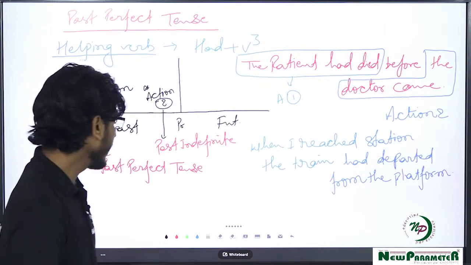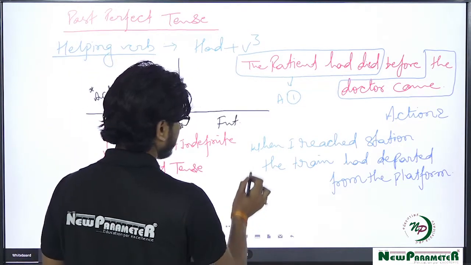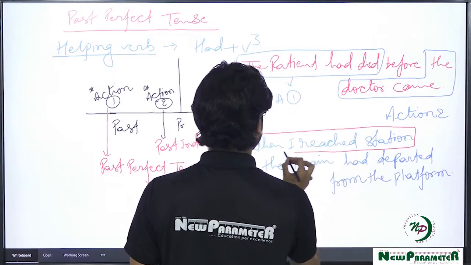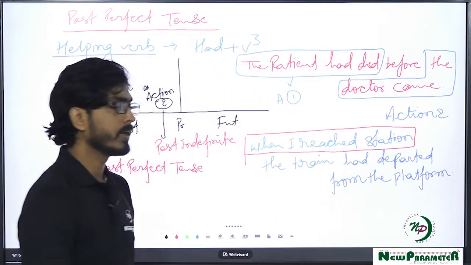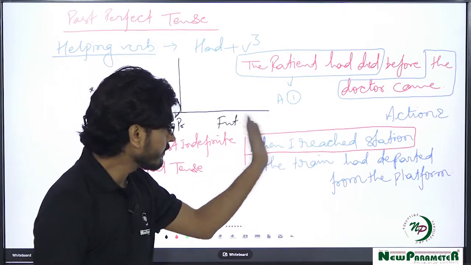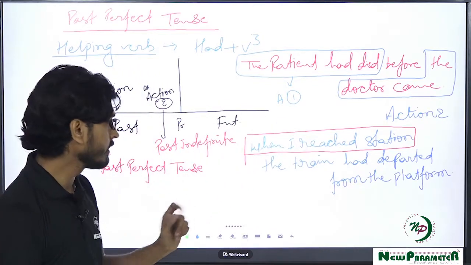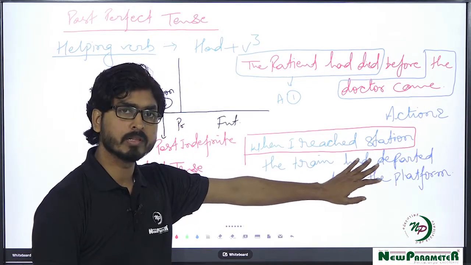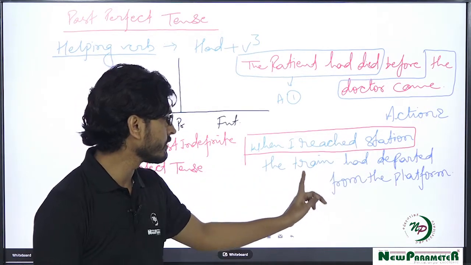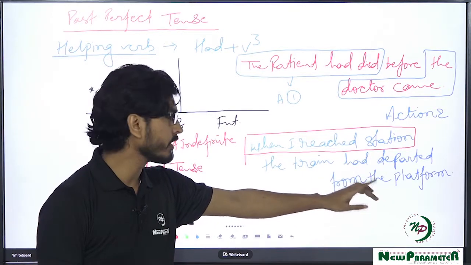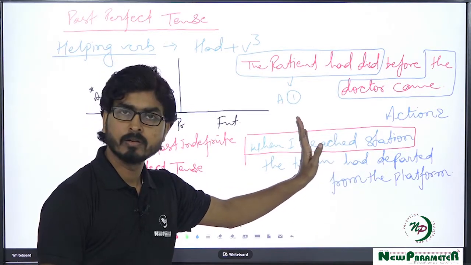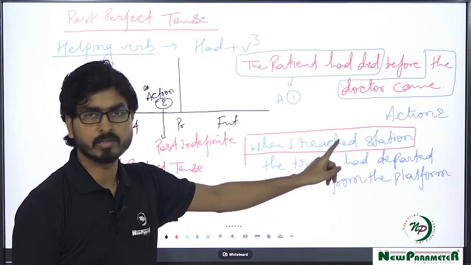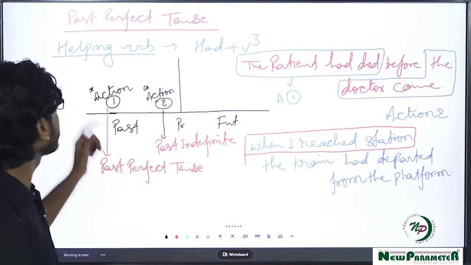Again, we have two actions. First one is when I reached the station. Okay, when I reached the station, just before this one, what action was done? The train had departed. So we can say both actions were done in the past and the first action was the train had departed. That's why we have put it in past perfect tense and this is in past indefinite tense. So this is all about past perfect tense.